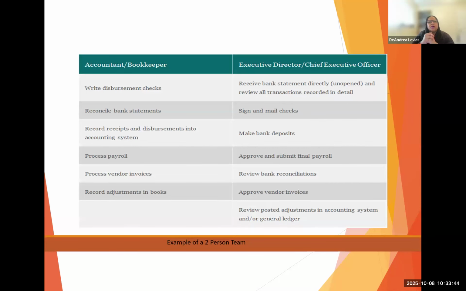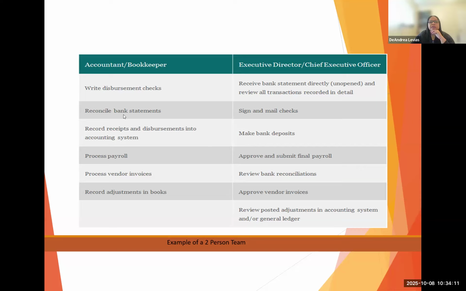This is an example of what a two-person team might look like. So the accountant or bookkeeper might write or do check disbursements, and then an executive director may receive the bank statement directly and review all transactions. So, and please note that it says receive the bank statement unopened and review all transactions recorded in detail.